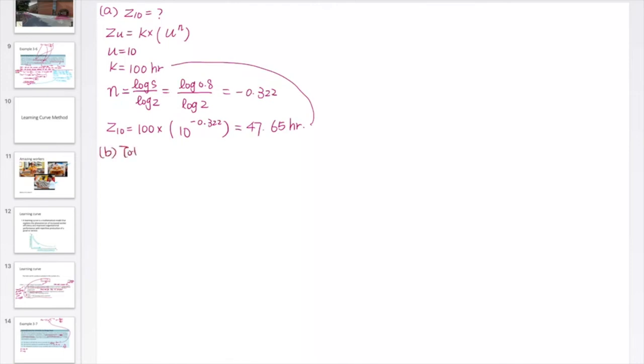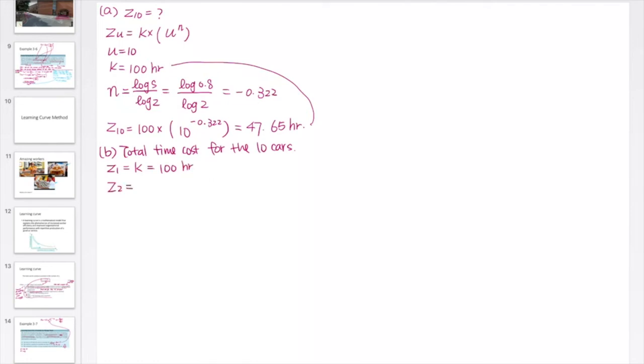Question B is to calculate the total time cost for the 10 cars. We said you need to calculate Z1 until Z10. Z1 is given. That's the time cost for the first car, which is K, 100 hours.